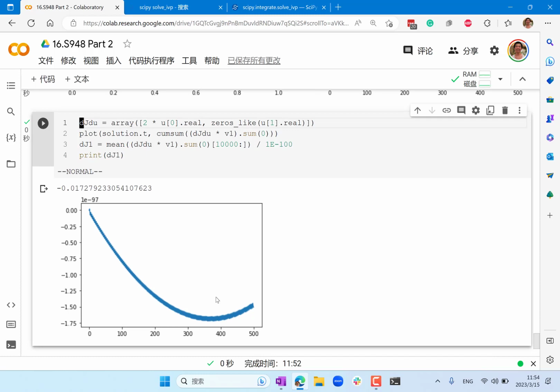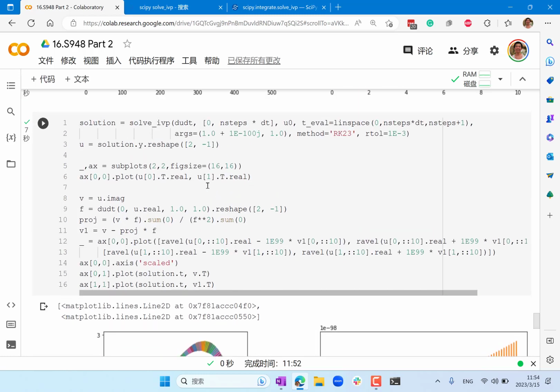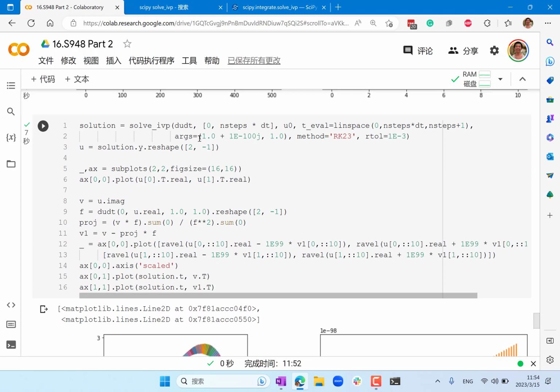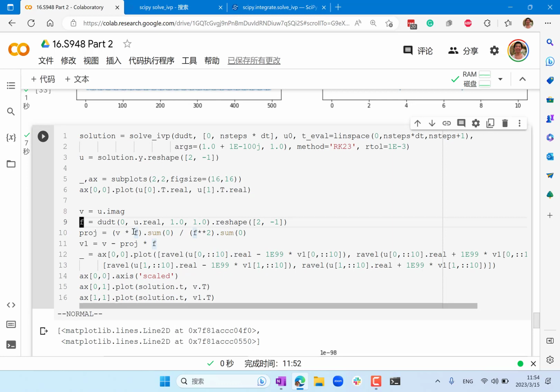So how do we deal with that? Well, one way to deal with that is to not assume that f is the direction you want to project out, but rather to solve numerically the homogeneous linearized equation.